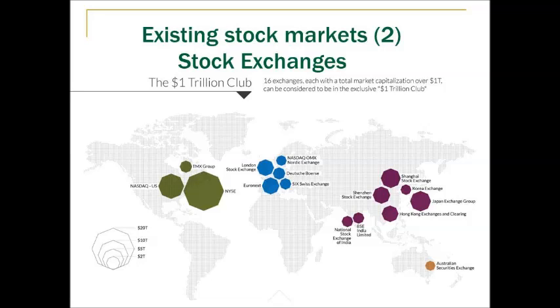In the former slides, we've looked at existing stock markets from the national point of view. Now we're going to look into existing stock markets through stock exchanges, the real organizations who manage the trading itself. Stock exchanges are big organizations, but it's a strange situation because sometimes there can be 2 or 3 stock exchanges in only one country, and sometimes a stock exchange will cover several countries. In the US, there are 2 major stock exchanges, the New York Stock Exchange and NASDAQ, for only one country.